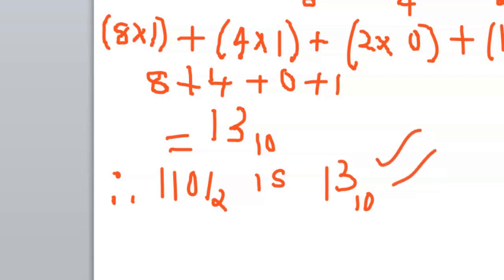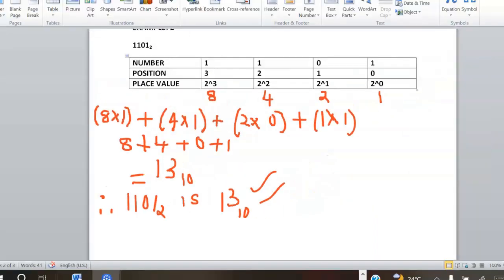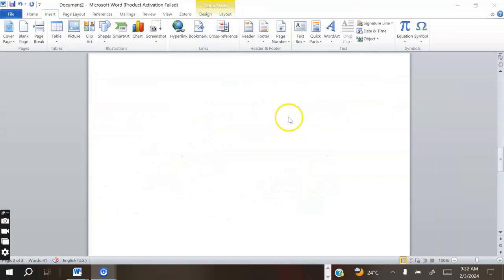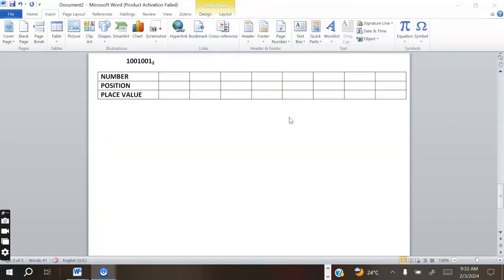Okay, let's move to the next example. Our example 3 is supposed to be 1 0 0 1 0 0 1 0 0 1 0.